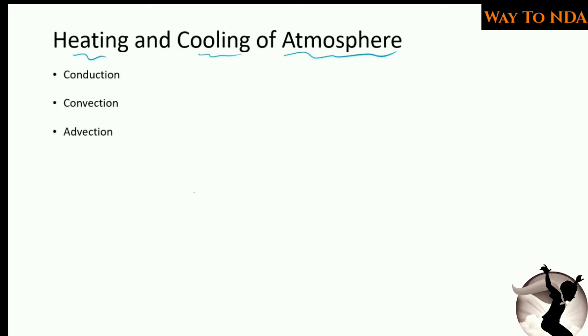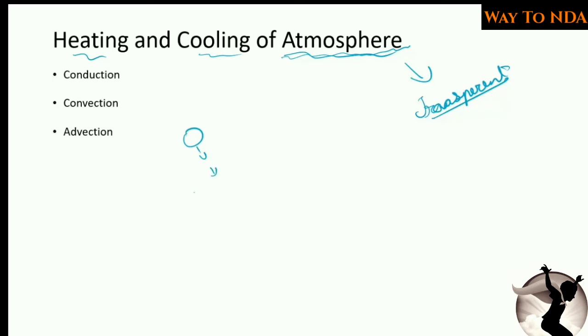Now in our previous lesson we have studied that atmospheric air is mainly transparent to the solar radiation. It can absorb some part of it, but mainly it is transparent to the incoming solar radiation which is coming from the sun.